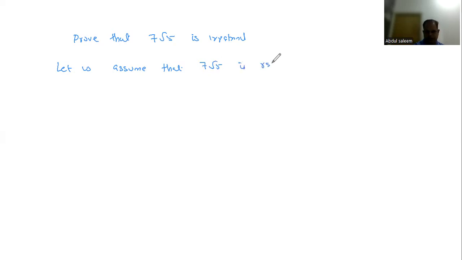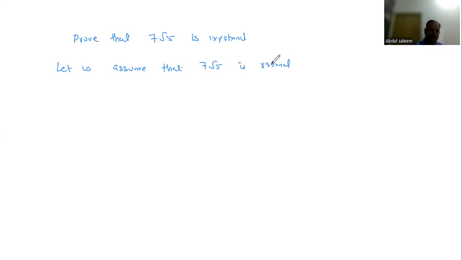Prove that 7 root 5 is irrational. So let us assume, first we can assume 7 root 5 is rational.